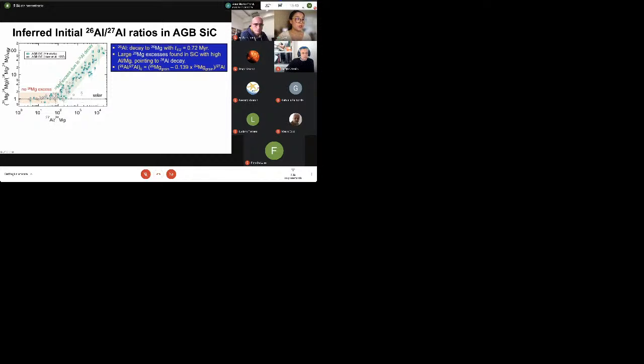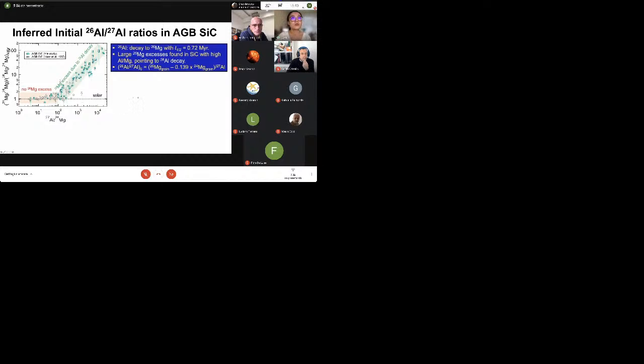But when this ratio lies above 100, with increasing aluminum-27, the grains' magnesium-26 excess also continues to increase. And this positive correlation clearly points out that the grains' magnesium-26 excesses are caused by the decay of aluminum-26.